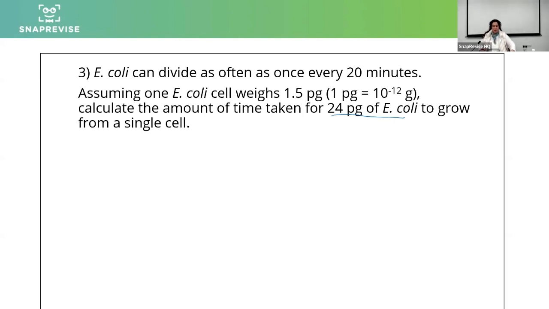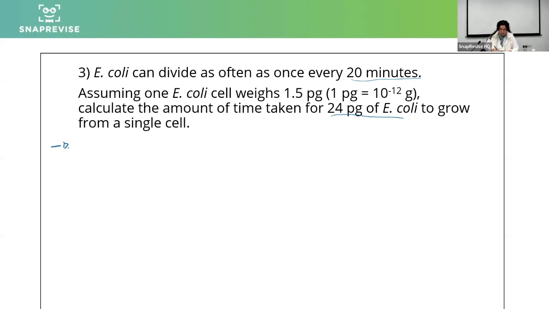Okay, because I'm only being given the amount of time that it takes for one cell to become two, to divide. So I have to convert the information given to me in picograms in terms of numbers of cells so that I can actually work with, so that I can utilize this piece of evidence here, the 20 minutes for one division. So how are we going to convert those picograms into numbers of cells?